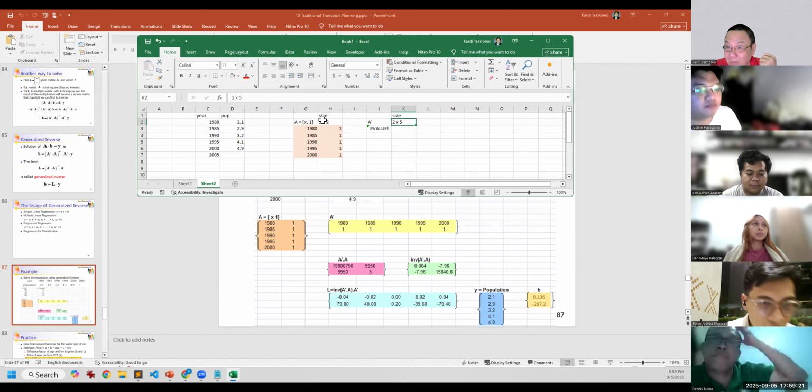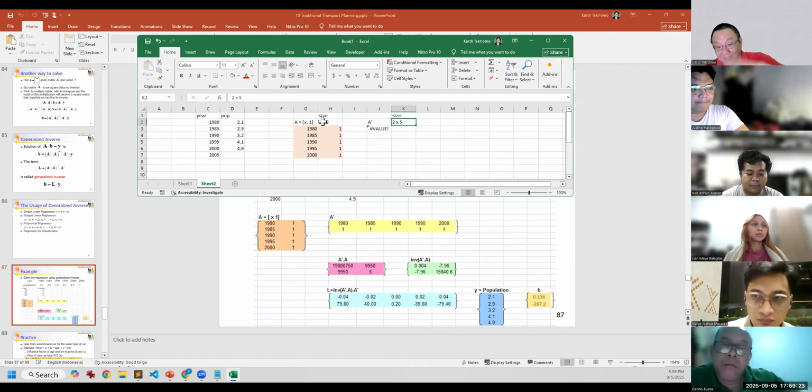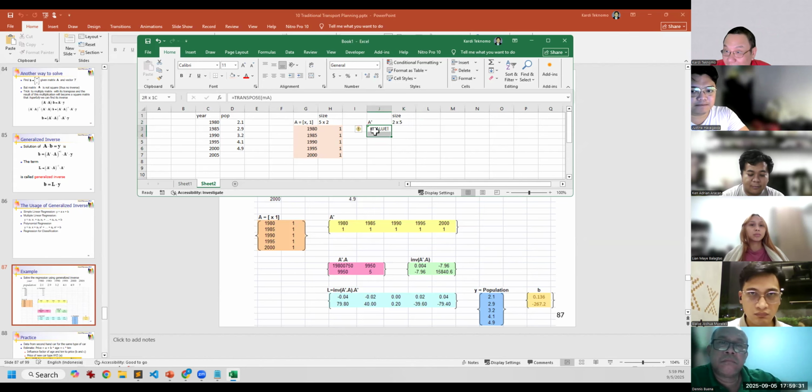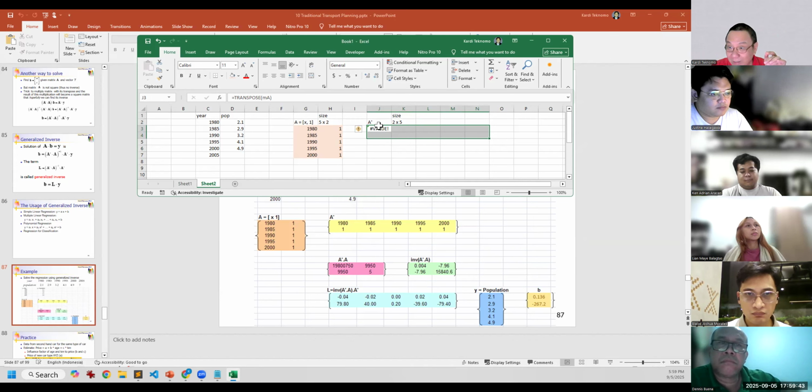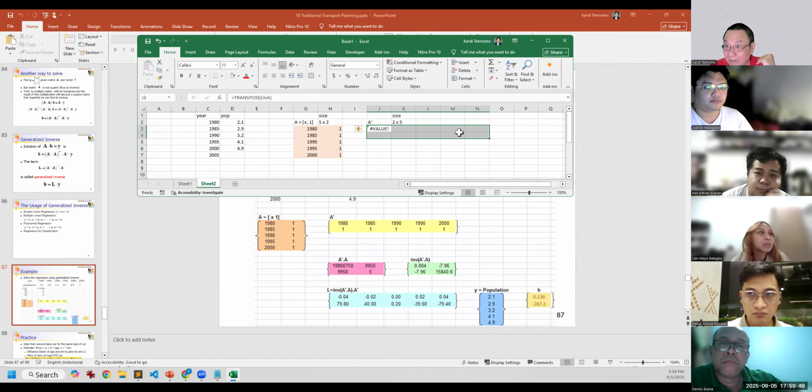Transpose is just reverse, right? From vertical become horizontal, from horizontal become vertical. So here I have 2 times 5, so I need to go 1, 2, 3, 4, 5. You highlight like that. After you put the equation in the top left corner, you highlight this.